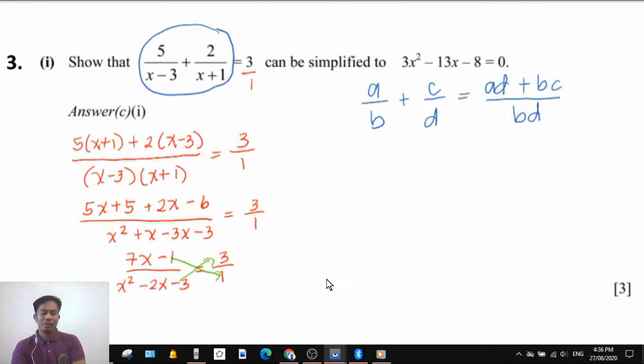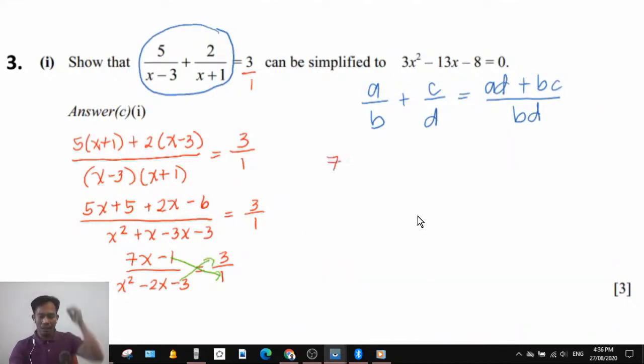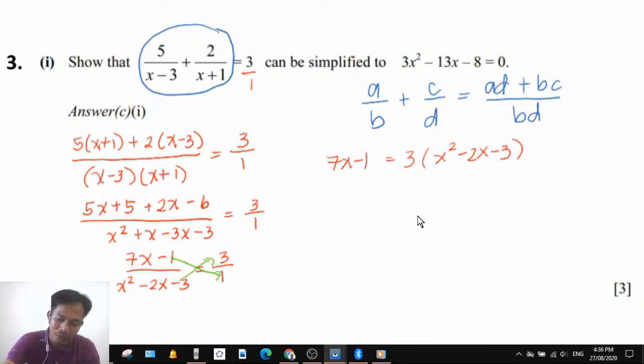So the 7x minus 1 multiplied to 1 and then the 3 multiplied to the quantity of x squared minus 2x minus 3. And then I have to expand and distribute that 3. It will become 7x minus 1 equals 3x squared minus 6x minus 9.